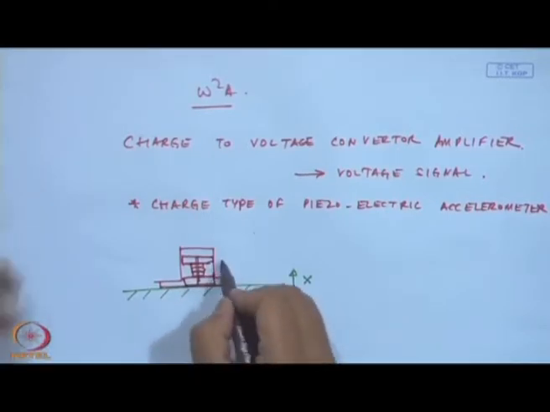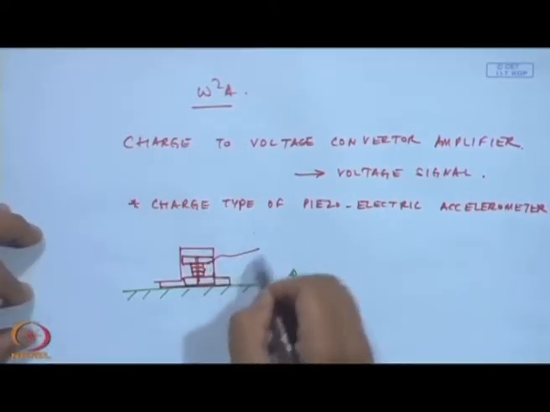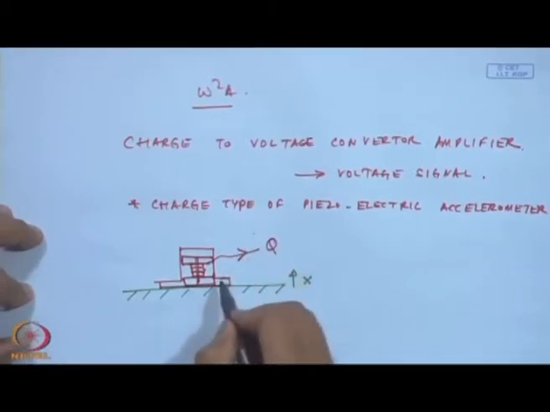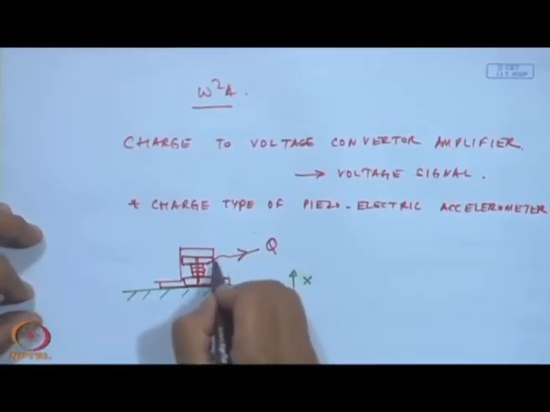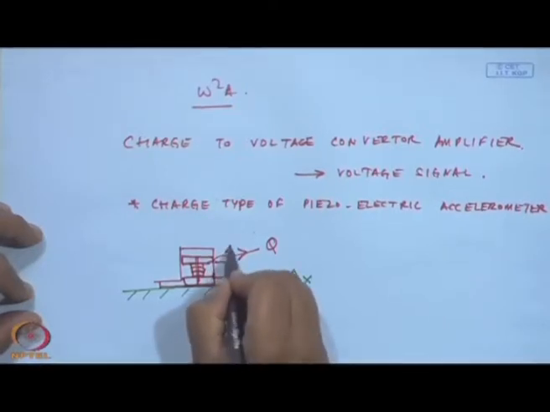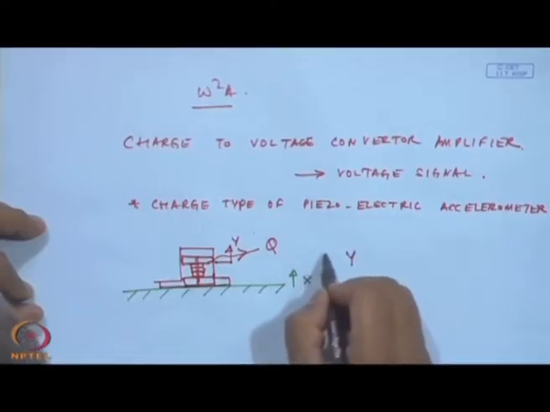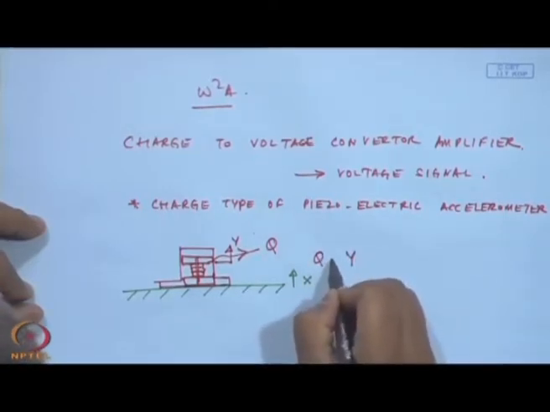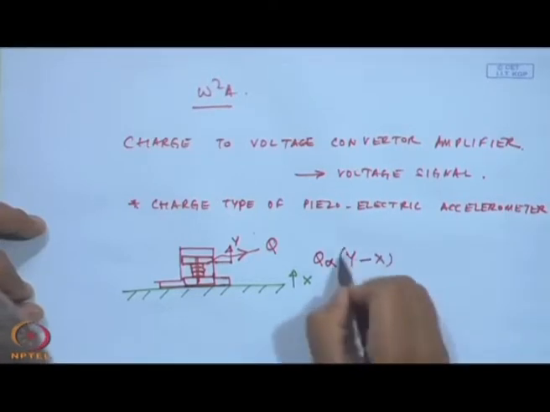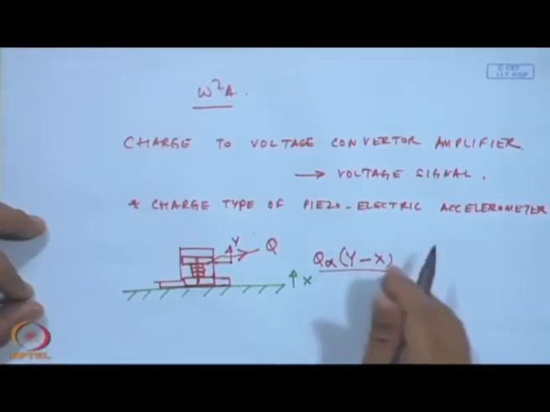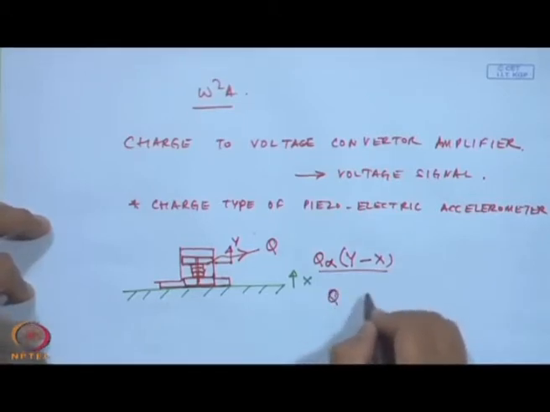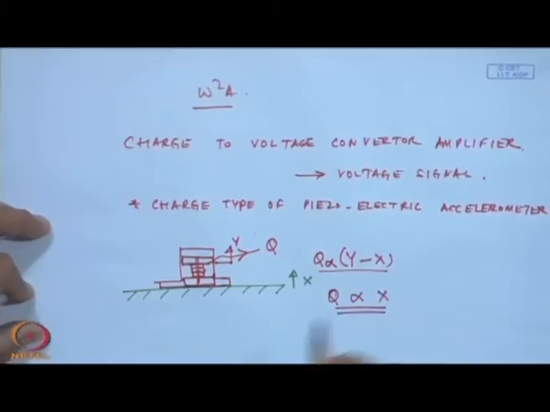And then I will get a charge Q, which is proportional to the displacement of this seismic mass. This Q is proportional to y minus x. And with mathematical equations, you will see eventually this Q is proportional to the base motion. The motion could be in the form of acceleration.